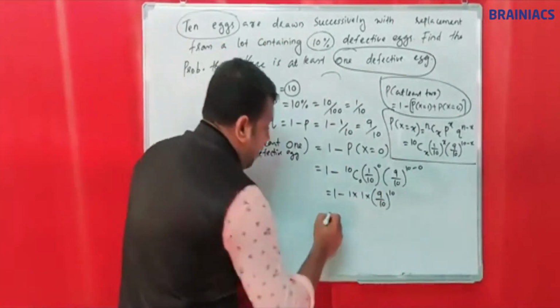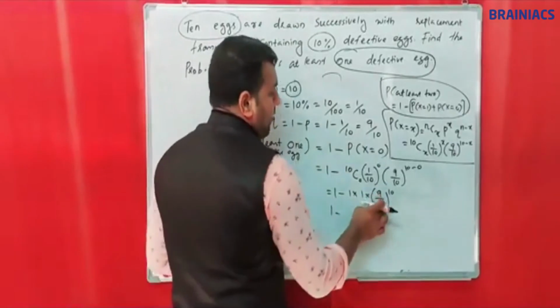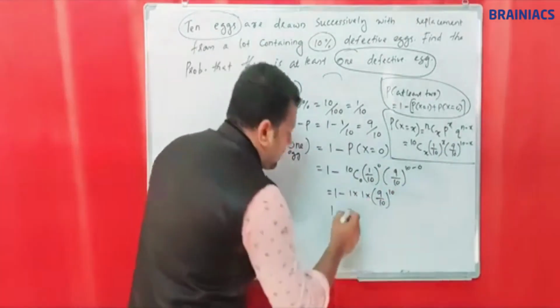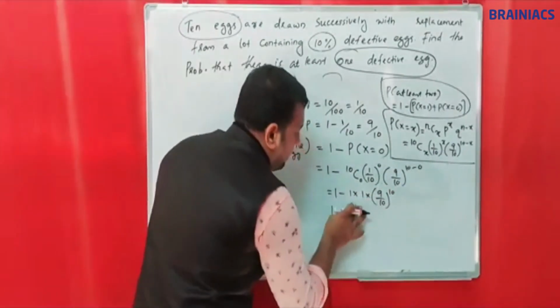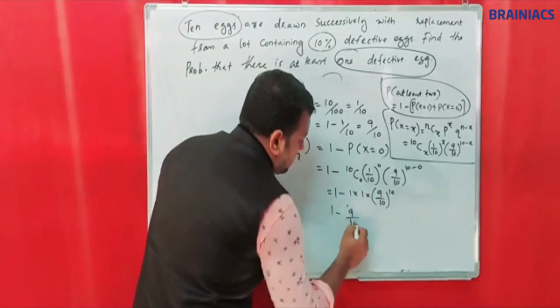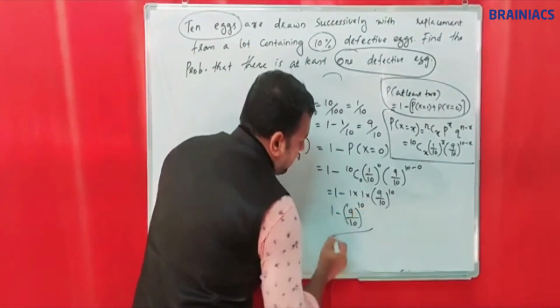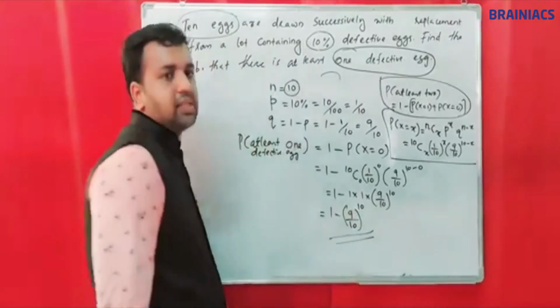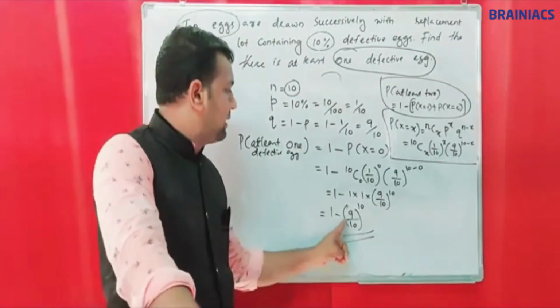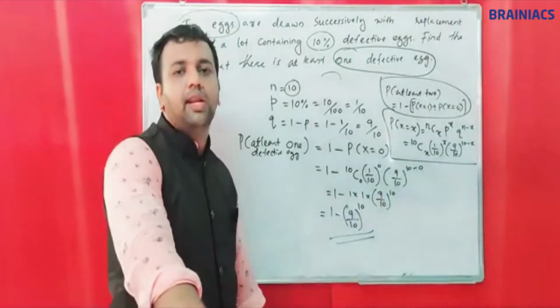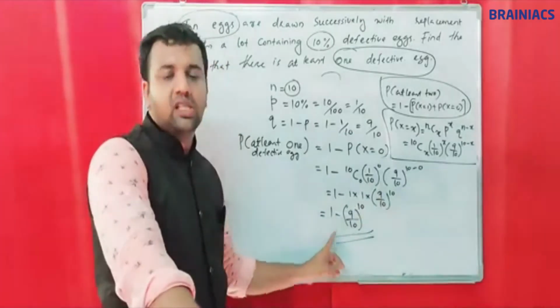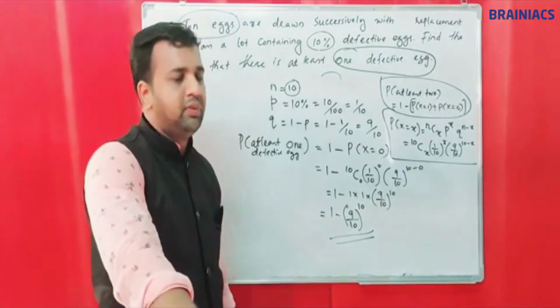So the answer is 1 minus 9 by 10, the whole raised to 10. It cannot be calculated easily because it's a higher value, so the answer will be written as 1 minus 9 by 10, the whole raised to 10. It is the final answer.